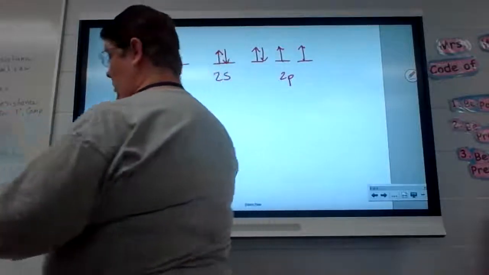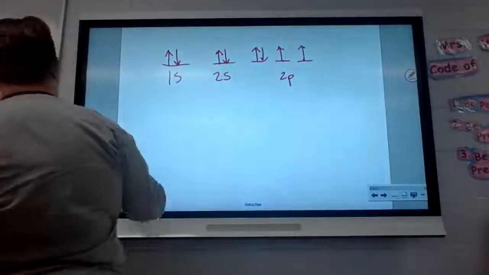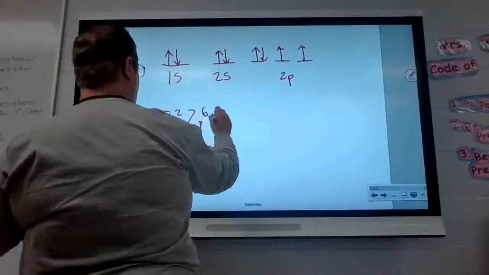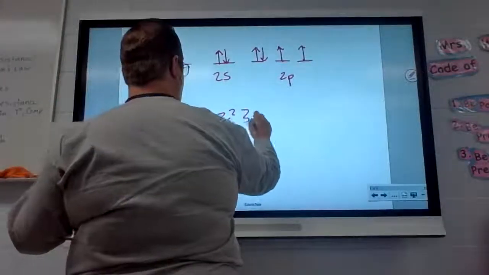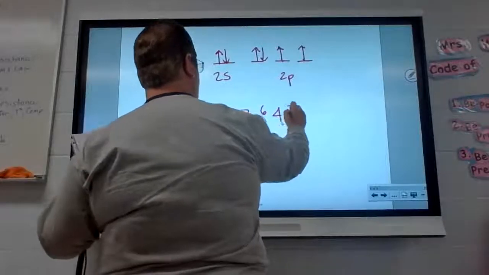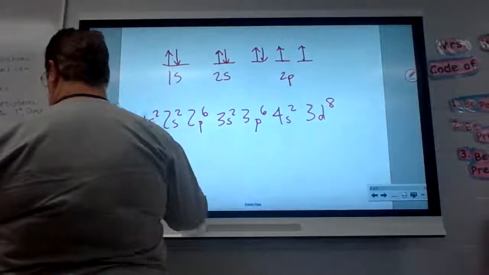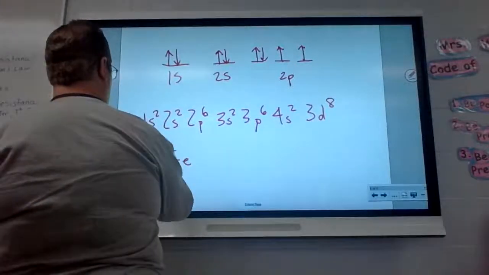That's oxygen. All right, electron configuration for nickel had what, 28? All right, that's nickel. Dot diagram for Ge.